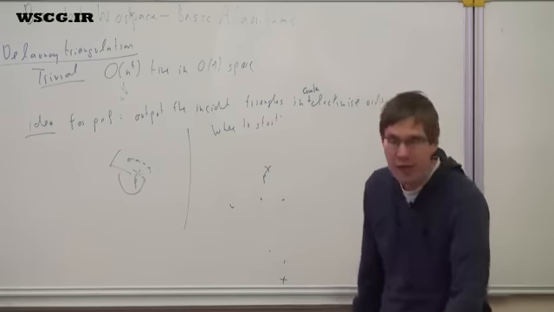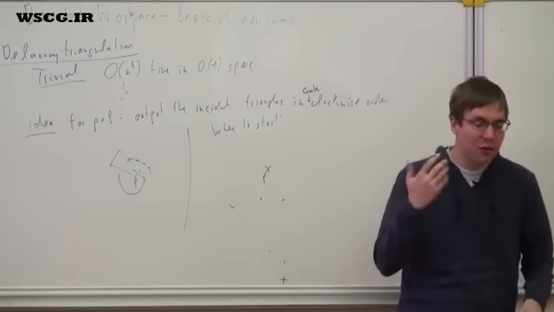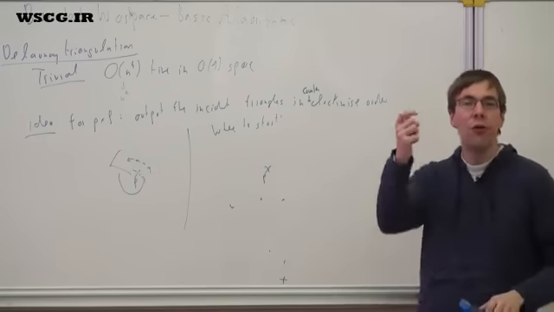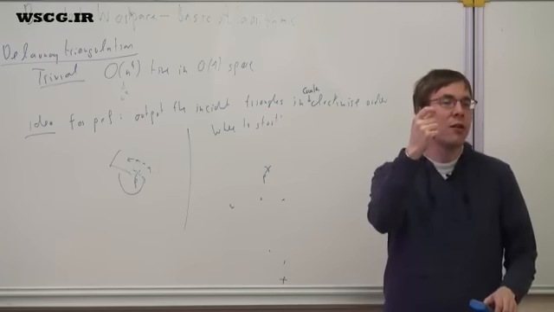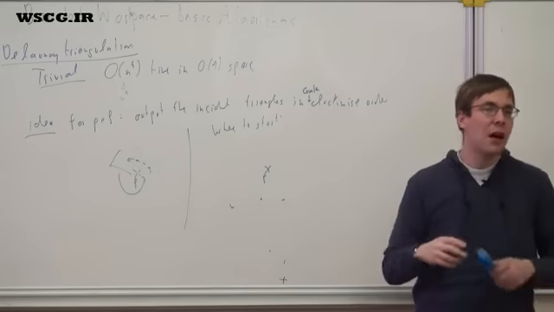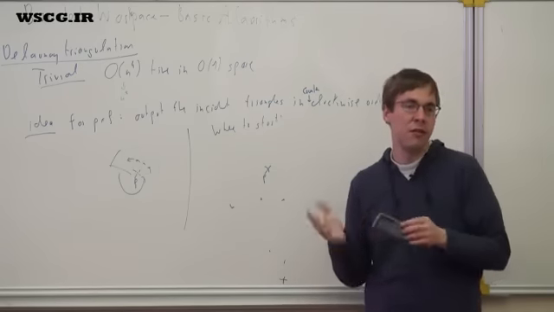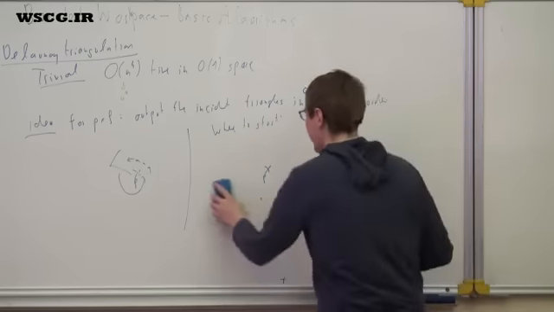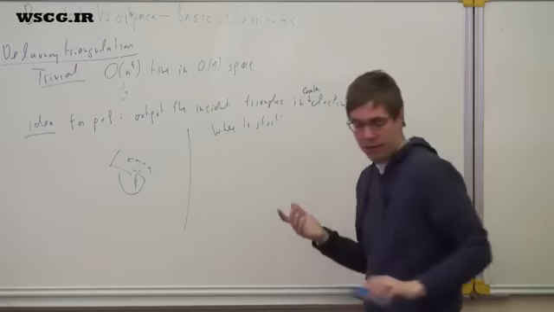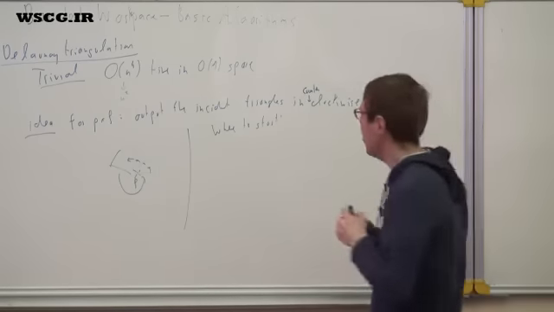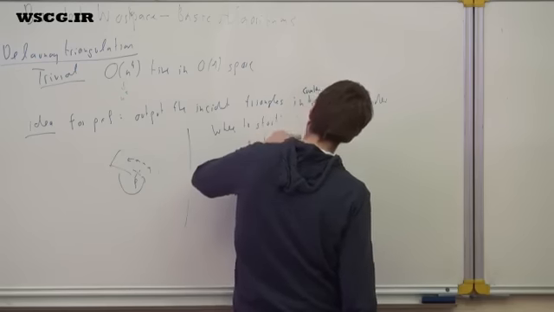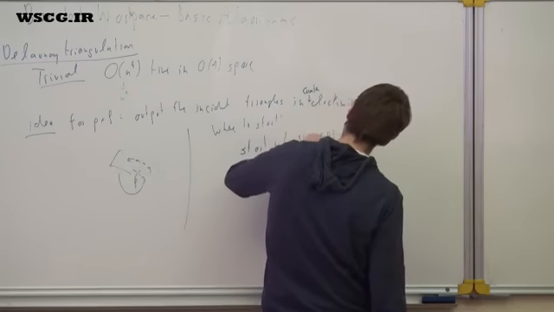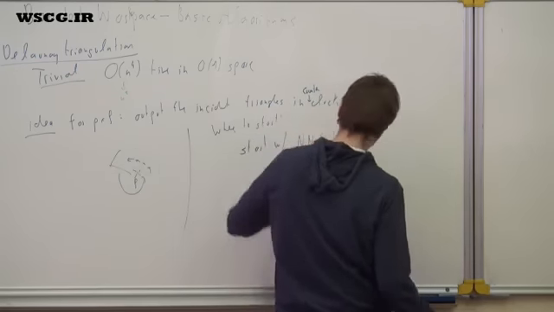If you know something about the Delaunay triangulation, you know that for every point its nearest neighbor, there has to be an edge between the point and its nearest neighbor. And the nearest neighbor is the other point which has the minimum distance to p. So we know that we start with the nearest neighbor of p. Right? So we have p.